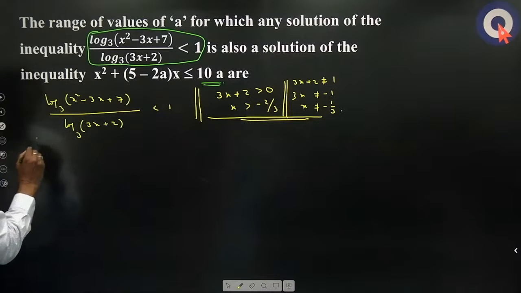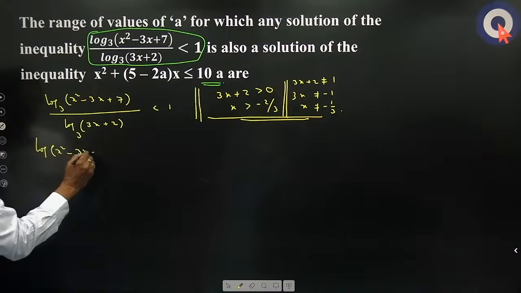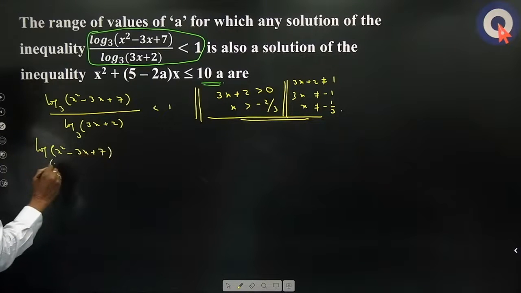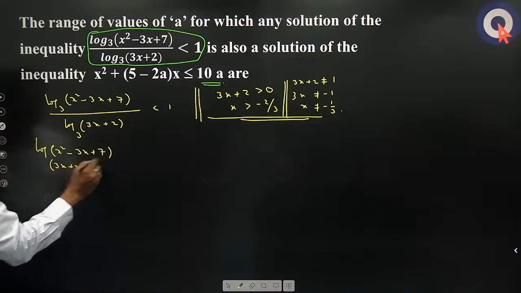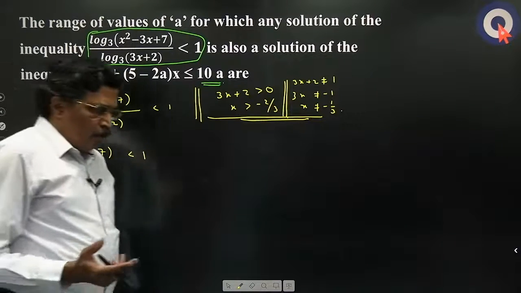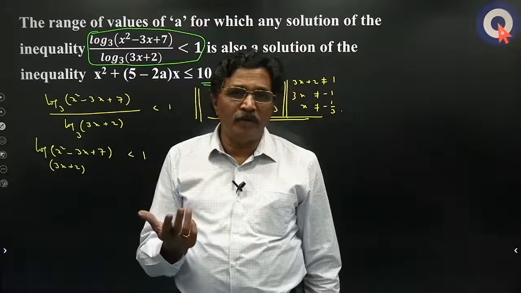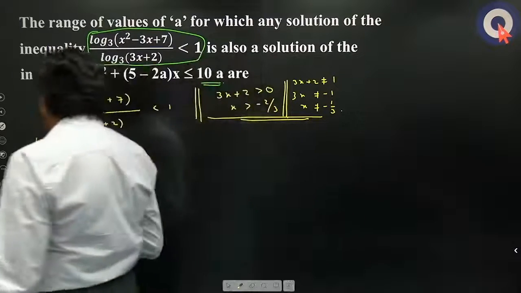So this is log of (x² − 3x + 7) to the base (3x + 2) less than 1. Now you have two cases: when the base of the logarithm is lying between 0 and 1, and when the base is greater than 1. Let us see the first case.